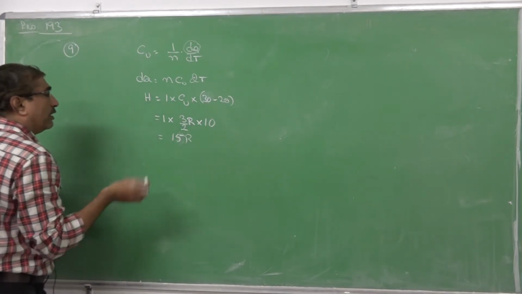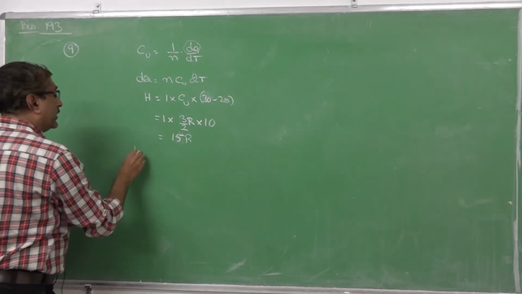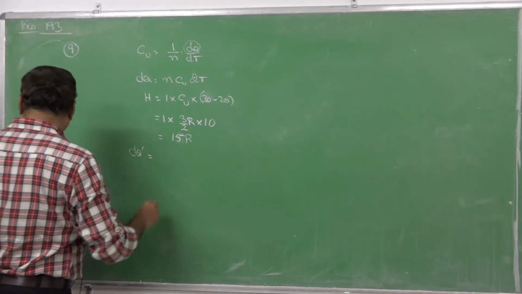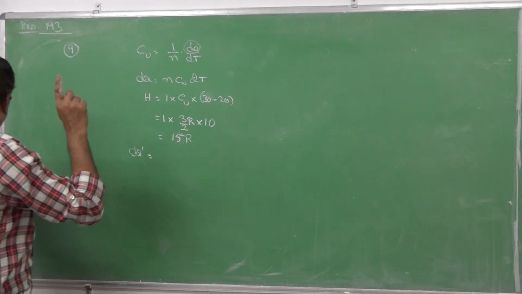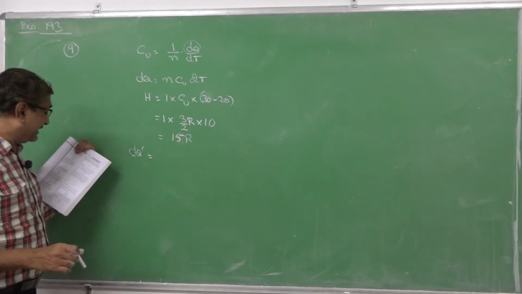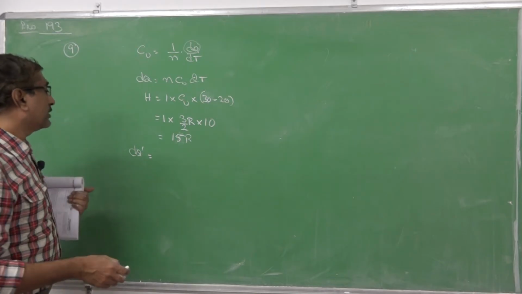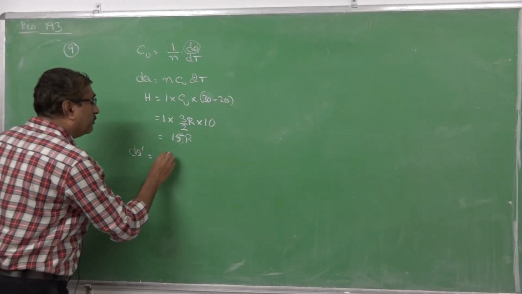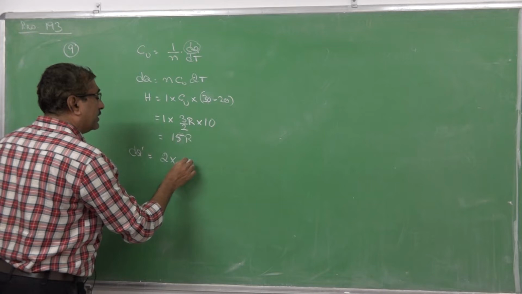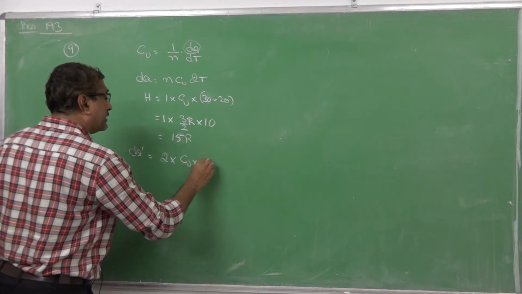Now second case, dQ dash. We have to calculate the quantity of heat required to increase the temperature of 2 moles of diatomic gas. For 2 moles of gas, Cv for a rise of 5 degree temperature.